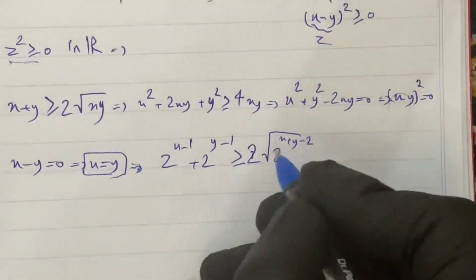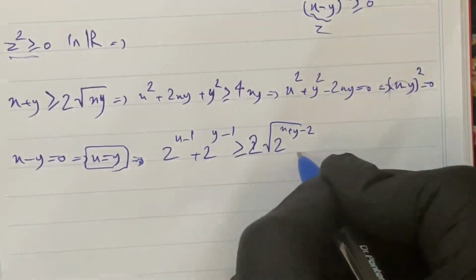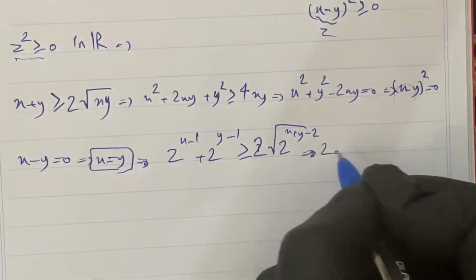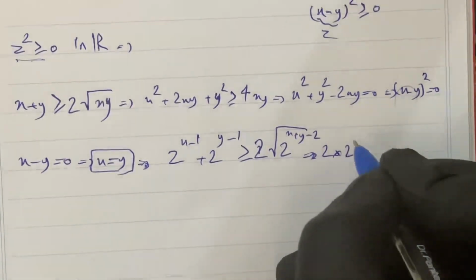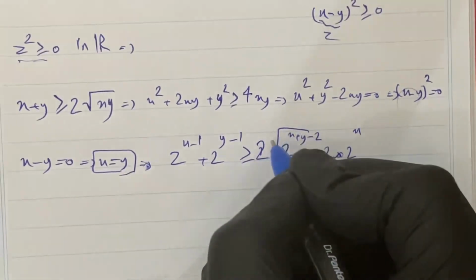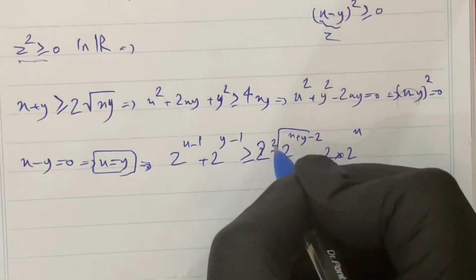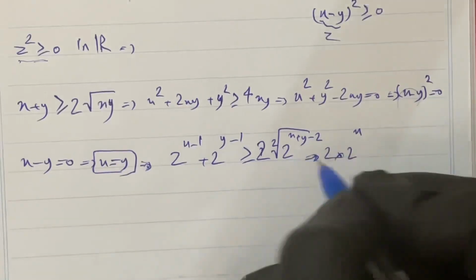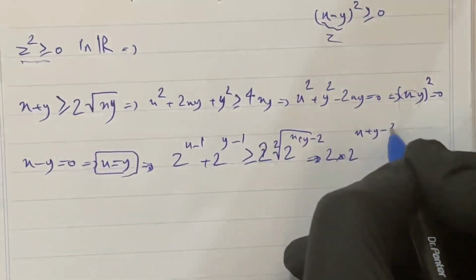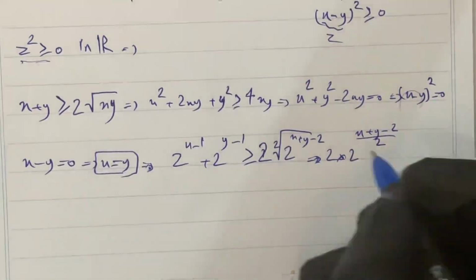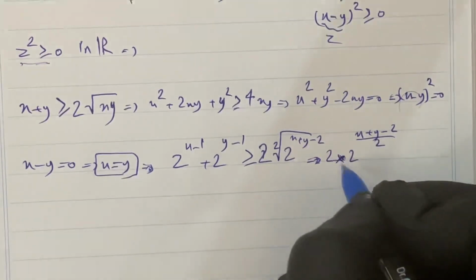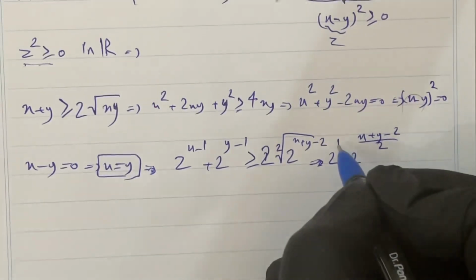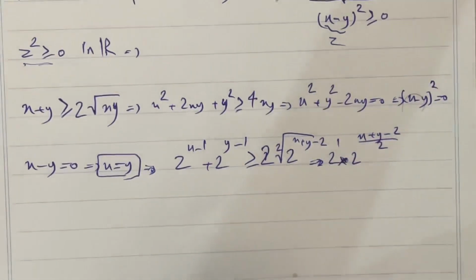So we will have this. If you simplify this, just write this as 2 times 2 to the power of x plus y minus 2 over 2, because the base of the radical is 2, so the exponent becomes x plus y minus 2 divided by 2. And this is 2 to the power of 1 multiplied by this, which is 1 plus this.